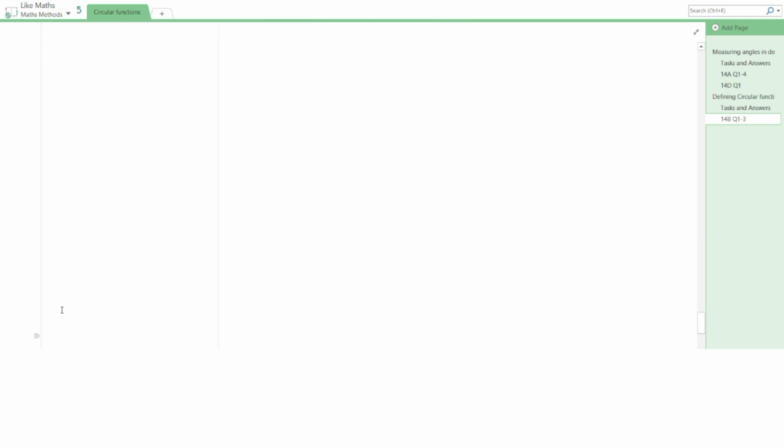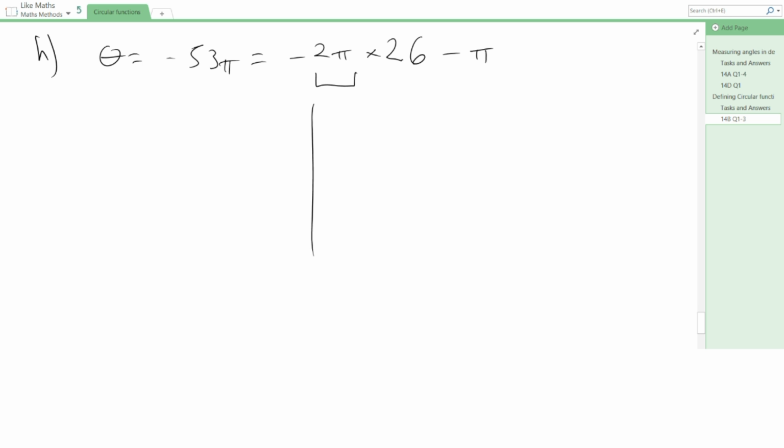And finally h is theta equals minus 53 pi. So factorizing, getting out 2 pi: minus 2 pi times 26, minus another pi. So factorizing by 2 pi to get how many rotations on the unit circle.